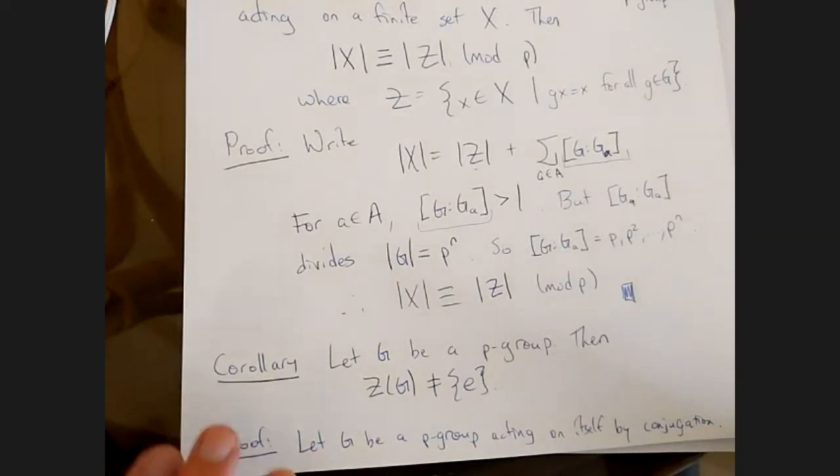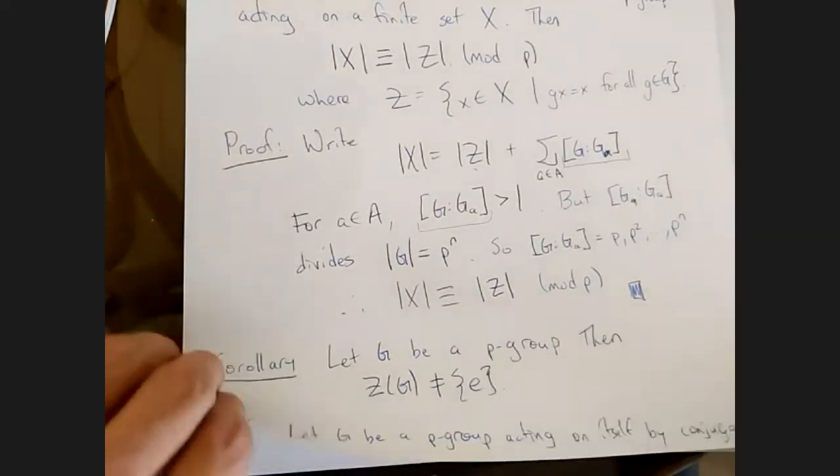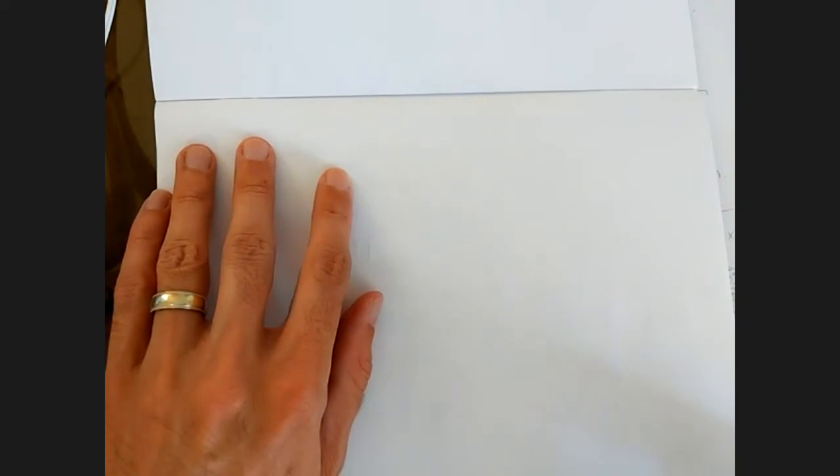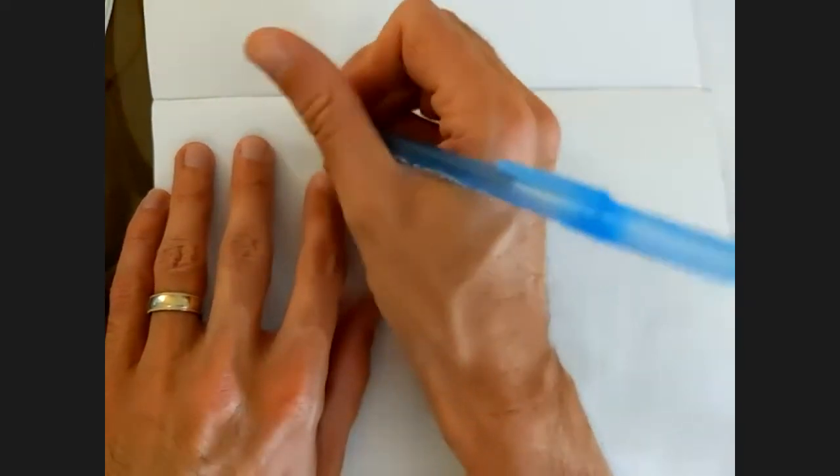Unfortunately, I need to turn the page. So G acts on itself by conjugation. There we go. Then look at the class equation for G.